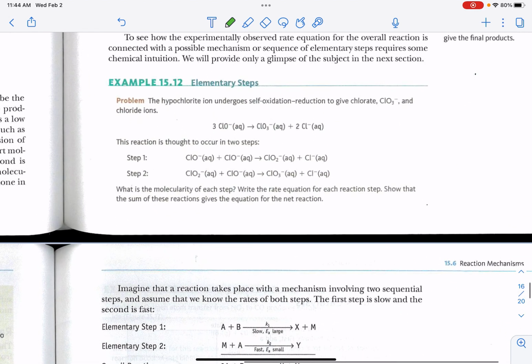If we look at this example right here, we have the hypochlorite ion decomposing into a chlorate and 2 chlorides.